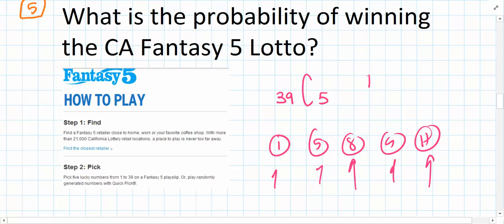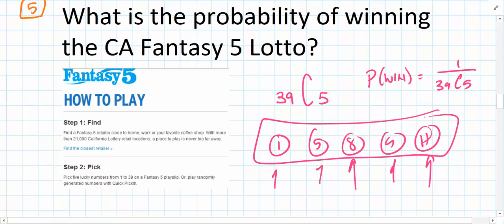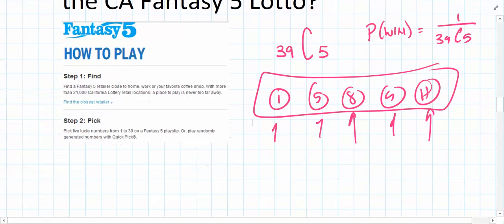So therefore, the probability of a win is 1 out of 39 choose 5. The reason it's 1 up there is because there's only one combination of those numbers out of 39 choose 5. I see your hand. One second. What you guys did was 39 times 38 times 37 times 36 times 35, right?